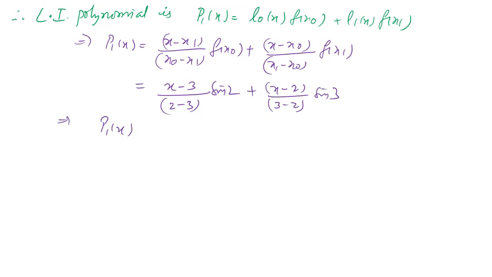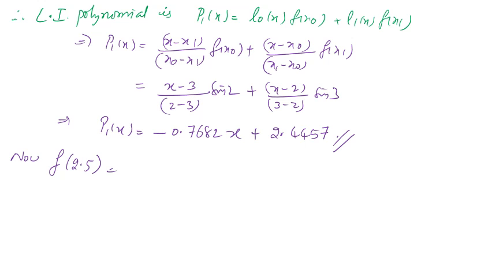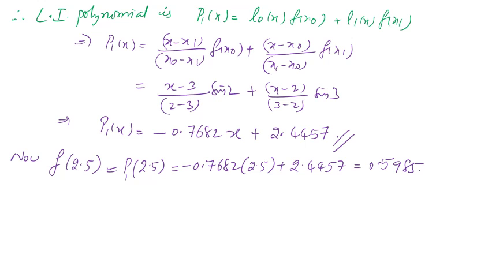Substituting all the values: (x − 3)/(2 − 3) times sin 2, plus (x − 2)/(3 − 2) times sin 3. After substituting, the polynomial is −0.7682x + 2.4457. Now what is required? We need 2.5, so P1(2.5) = −0.7682 × 2.5 + 2.4457, and this value is 0.5985.